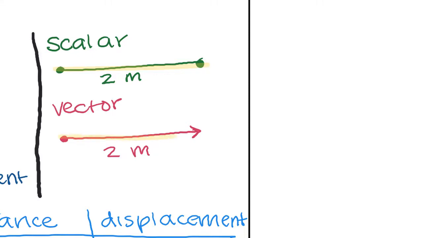So this vector line here is telling us it's 2 meters long, but it is also moving to the right. That is an important thing to distinguish between vectors and scalars: the vector gives us the direction as well. So think about it this way: vectors always have arrows to tell us where it's going. Scalars do not have arrows here.